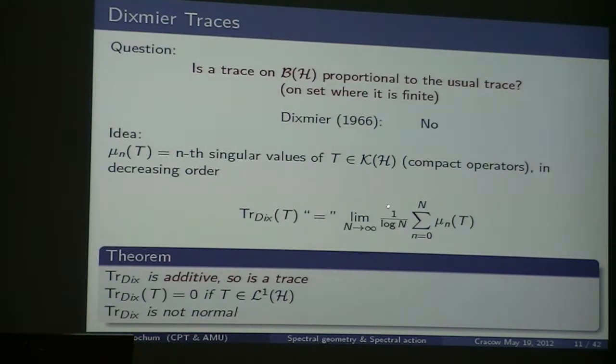So since you divide by the log of N, which goes to infinity, of course the limit is zero. So this is a trace, but it's always zero on trace class operators. This means that these Dixmier traces are not normal, namely they don't commute with the supremum. They are singular. And just like you have singular measures, you have singular traces.